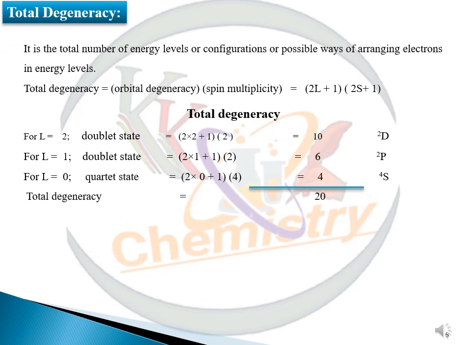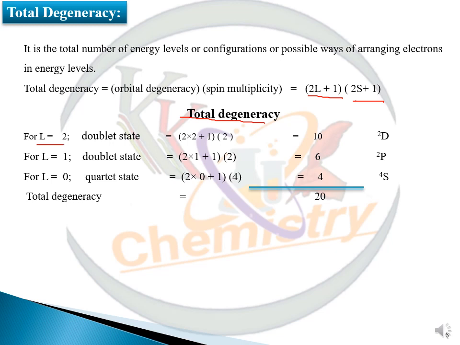Total degeneracy: now how can we find the number of possible ways? It can be found by calculating the total degeneracy, meaning 2L plus 1 orbital degeneracy times 2S plus 1 spin multiplicity.